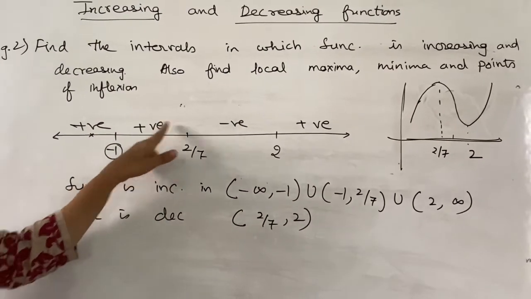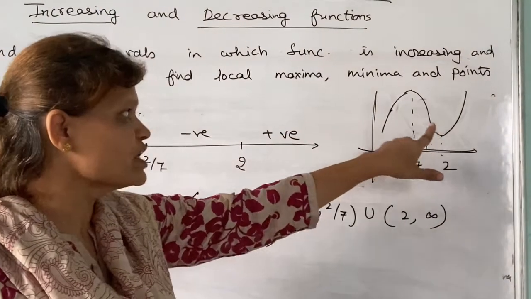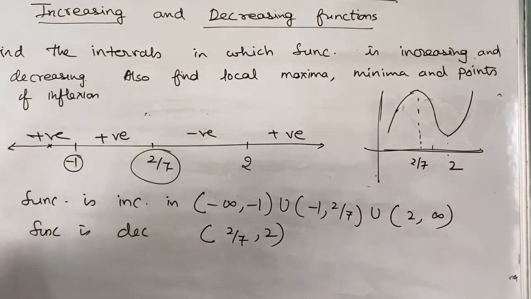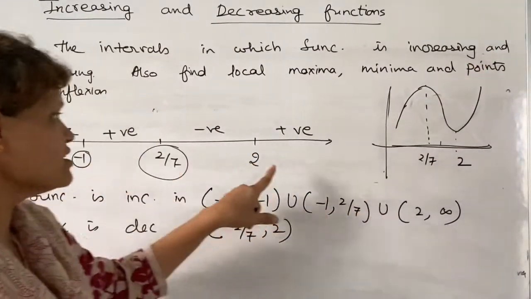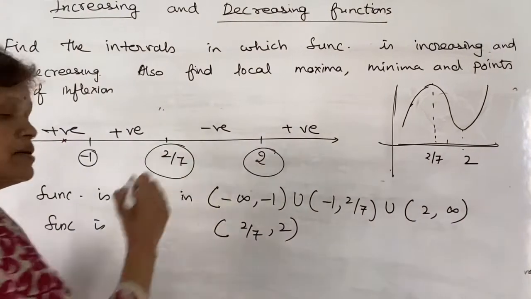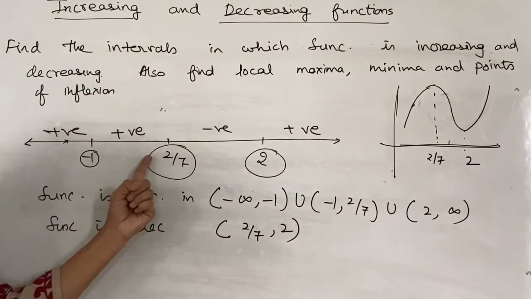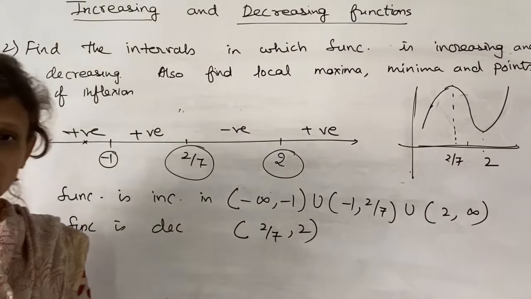Now we will find the points of maxima and minima. See the graph, you can see here at 2/7 the function changes from positive to negative. Here from positive to negative, so this is called as the point of maxima. And where the function is negative to positive, that is called as local minima. Now for this point there is no change. The function is not changing either from positive to negative or negative to positive.